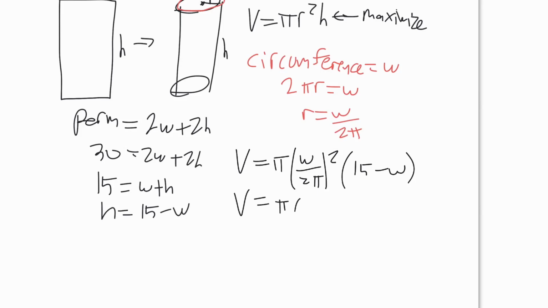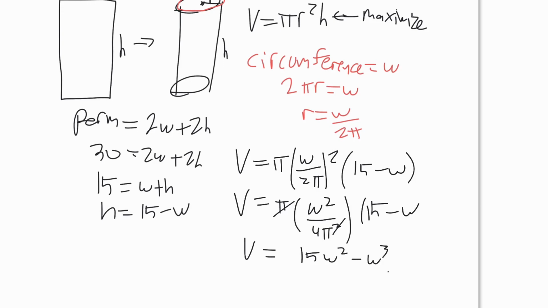So this will be w squared over 4 pi squared, times (15 minus w). I can cancel one of the pi's. So volume would equal, well, I guess I don't need that bracket there, (15w squared minus w cubed) over 4 pi.